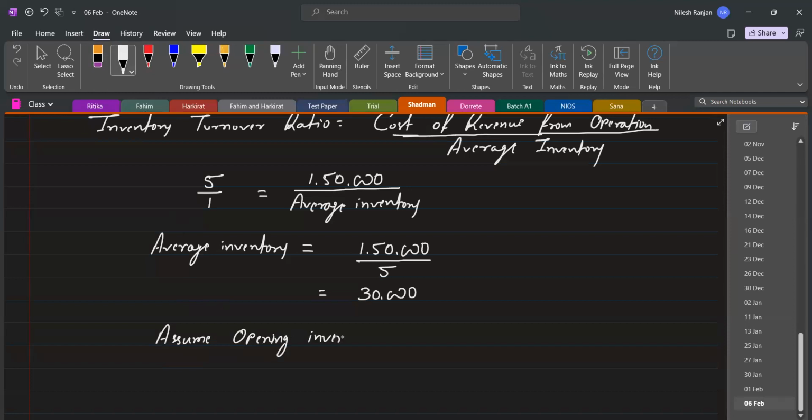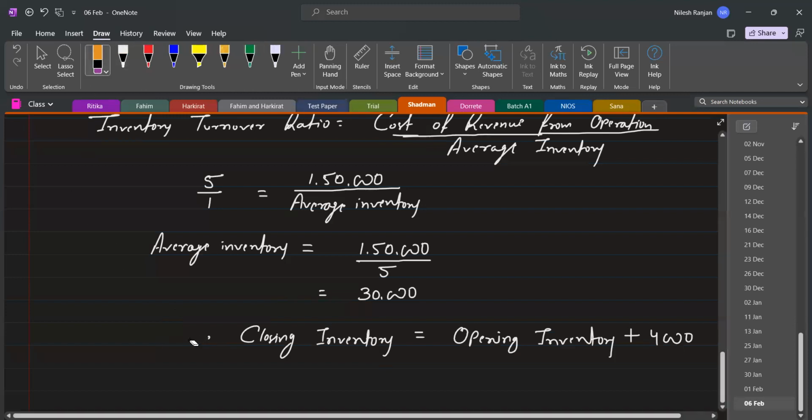Don't assume X, leave this. Closing inventory equals opening inventory plus 4,000. We can say this because it is 4,000 more than the opening inventory. So this formula is correct.